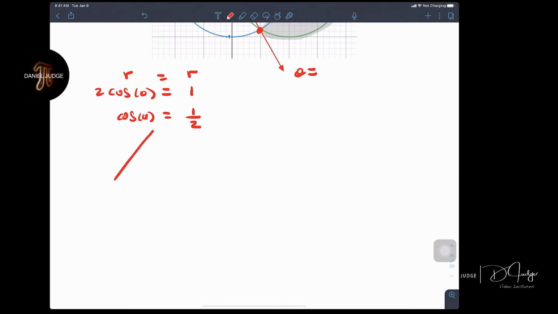So, definition of cosine: adjacent over hypotenuse. And here's the square root of 3.